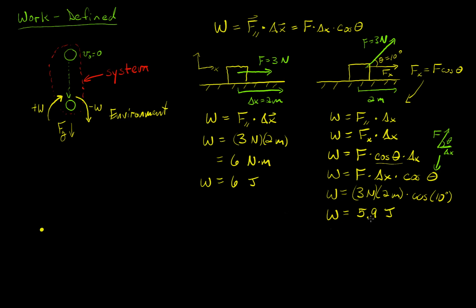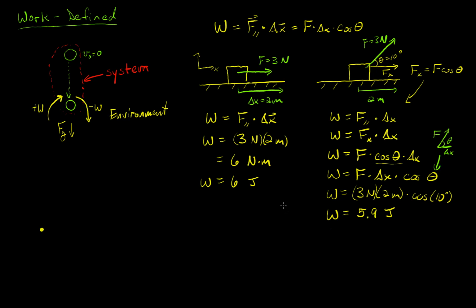Actually, let me calculate that, because I know somebody's going to check my arithmetic. You have to give me 1 second. So 3 times 2 times cosine 10. Yeah, 5.9. Okay, so I'm good. So we lost some work.